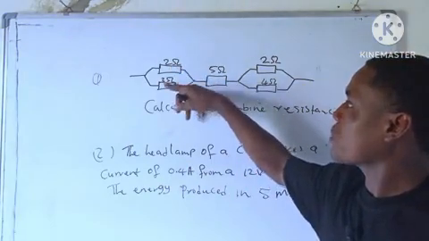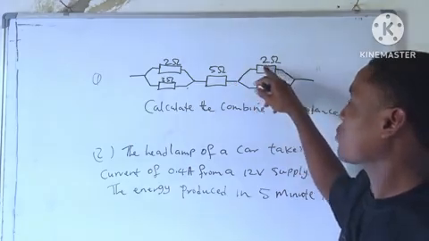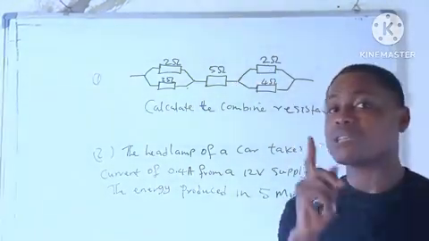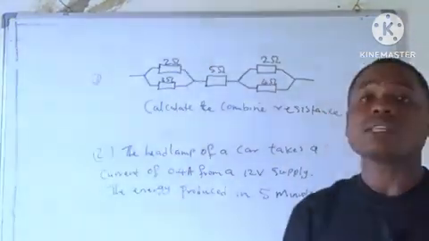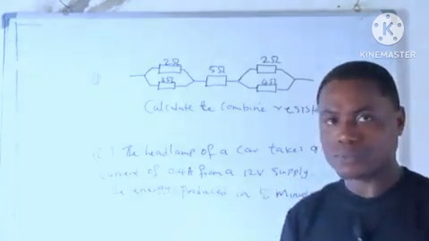The current in this one is different from this one, and the one in this one is different from this one. But the voltage, which is the potential difference, is the same in all the resistors, but the current is different.